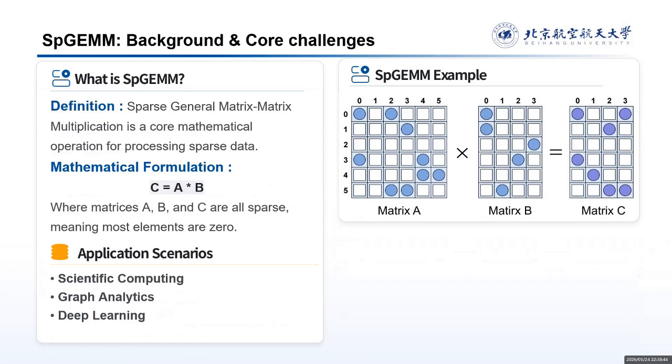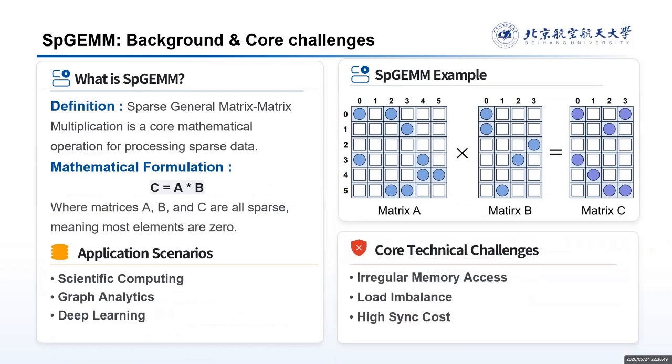But SpGEMM is difficult to accelerate on GPUs. There are three main reasons. The first one is irregular memory access. The non-zero elements in matrix A decide which rows of matrix B will be used. So, the access pattern is often random. The second one is load imbalance. Some rows have many non-zero elements, while other rows have only a few.